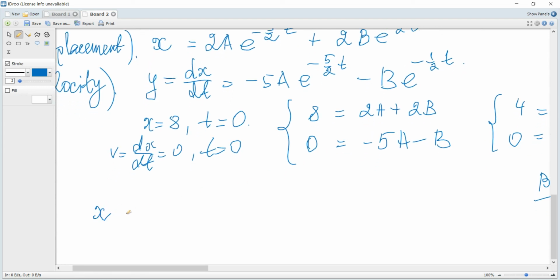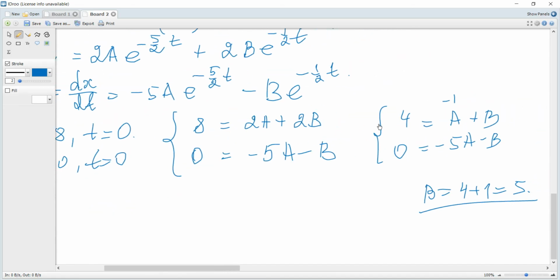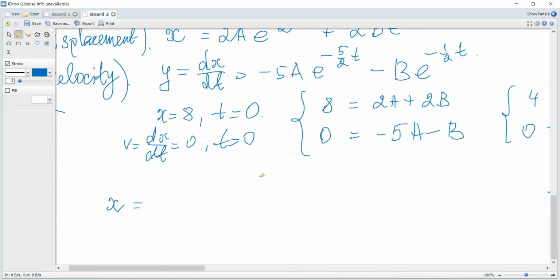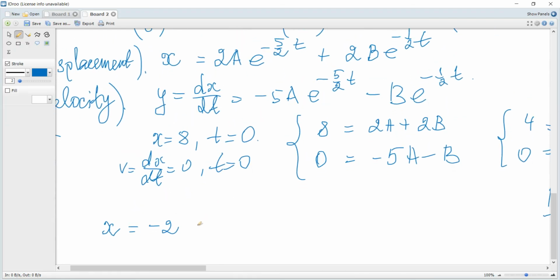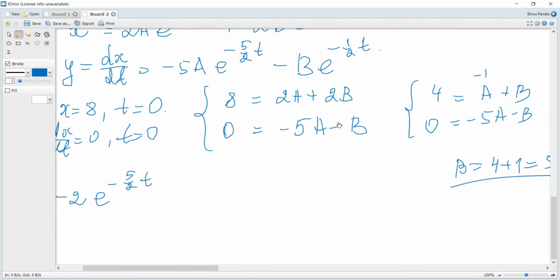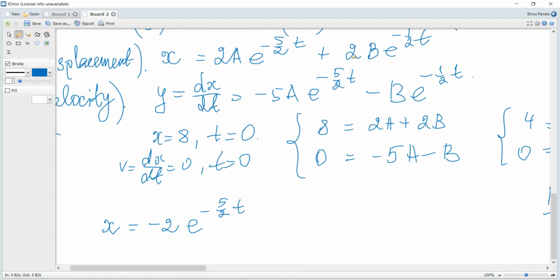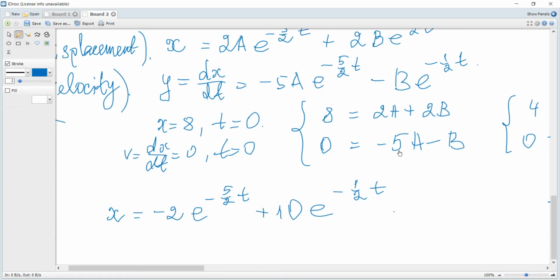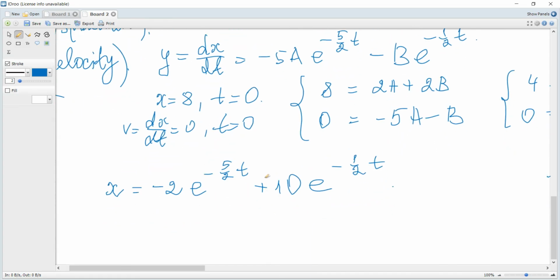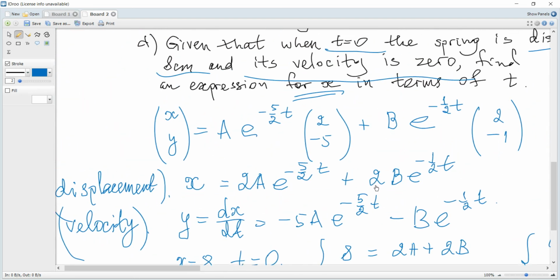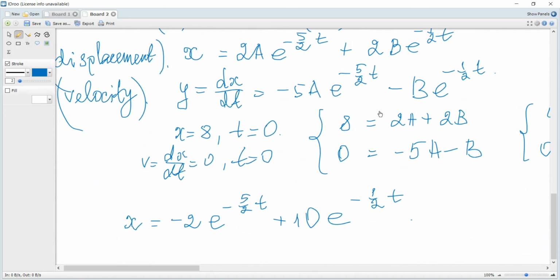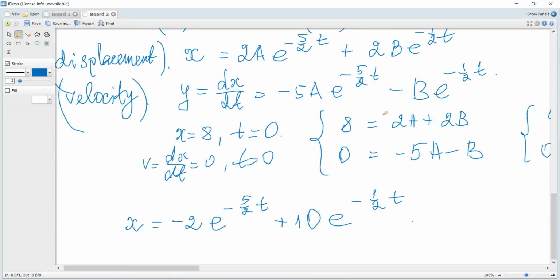So x as a function of time becomes 2 times A, which is negative 1, so negative 2 e to the negative 5 over 2 t, plus 2 times B, which is 5, so 10 e to the negative a half t. This is the required expression for the displacement x in terms of t. And that's all for this question.